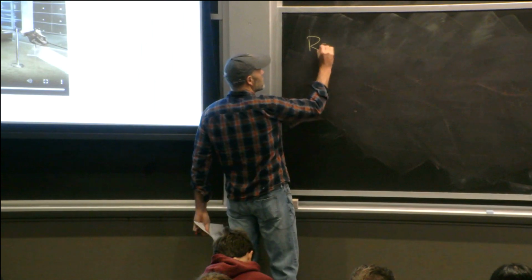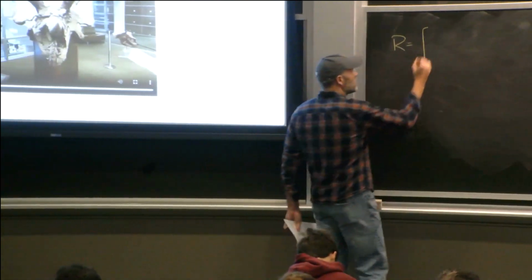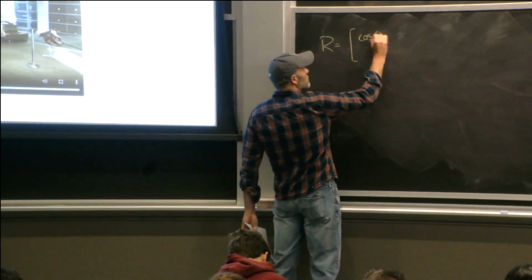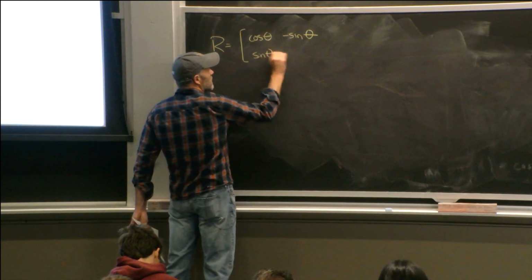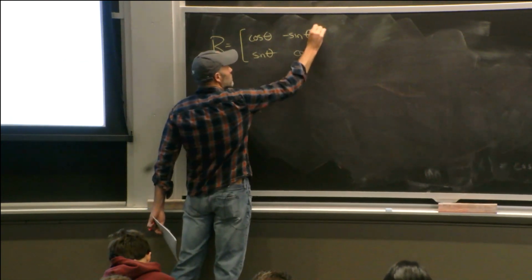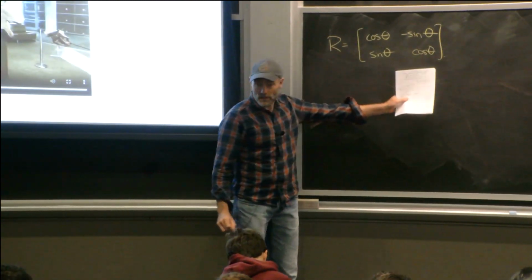In that case, a 2x2 rotation matrix, you'll often see it as cosine theta, negative sine theta, sine theta, cos theta. We could try to search directly for theta.